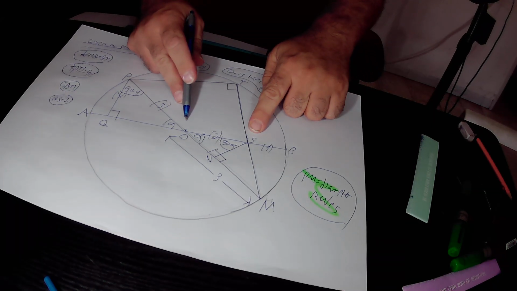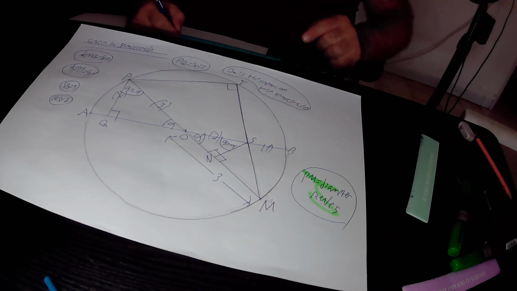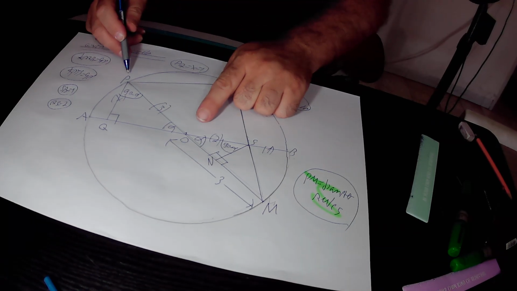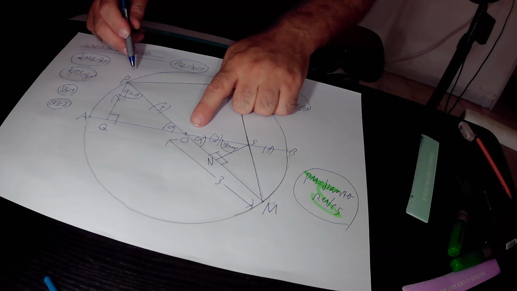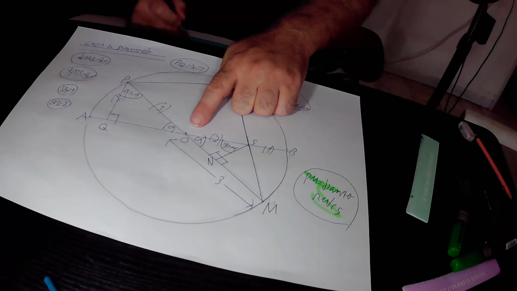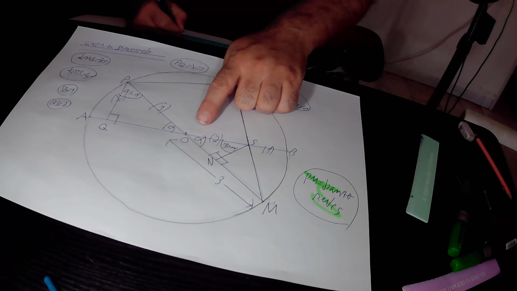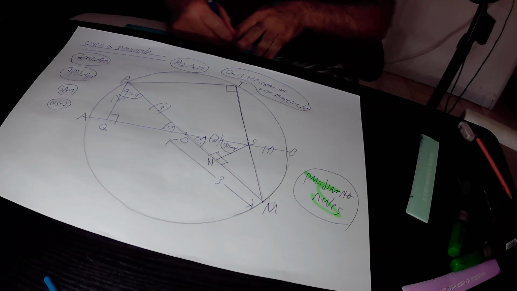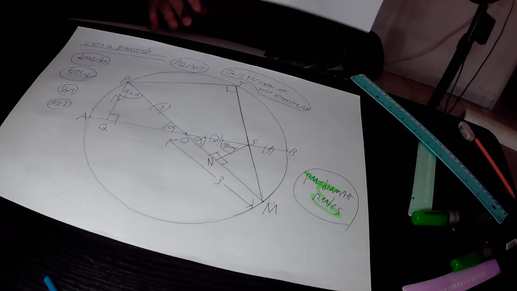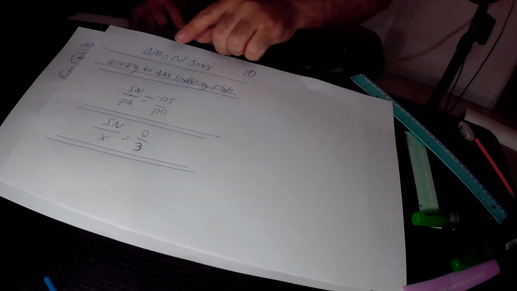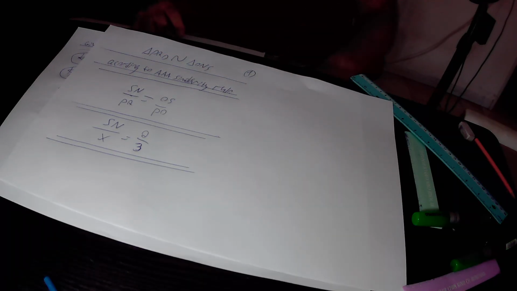OS equals 2 units in its length, according to what is given in the question, over PO. We already found out that PO is the radius of this circle, which equals 3 units in its length. So we found out that SN over x equals 2/3.